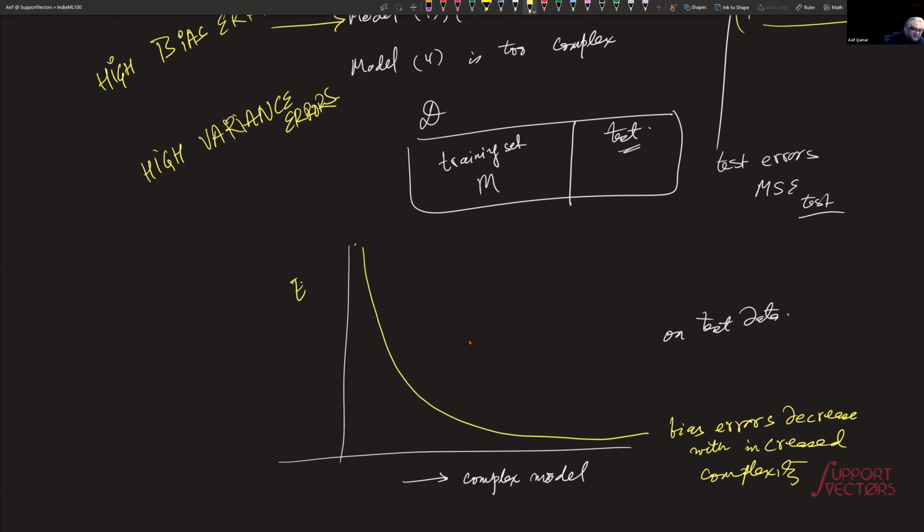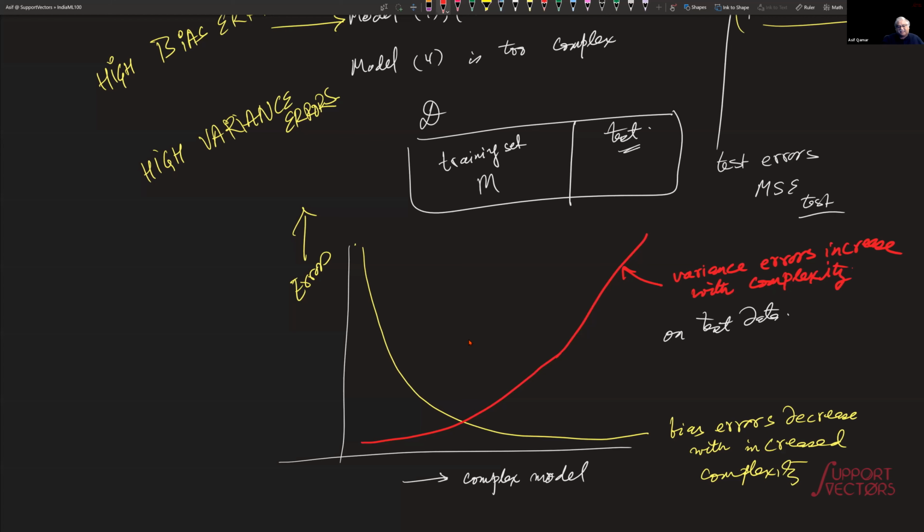This axis is errors, right? This is bias errors. Then the variance errors, on the other hand, tend to increase. Right? This is the variance errors, which increase with complexity.